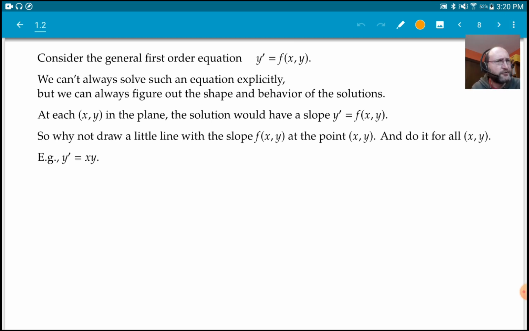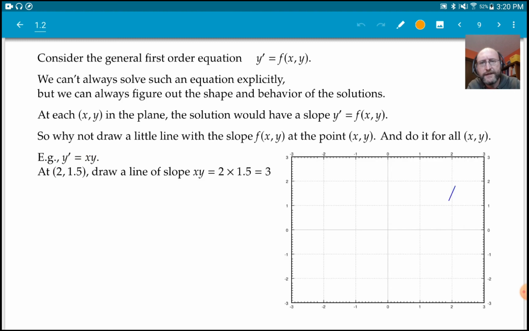So let's do an example. Suppose that our equation is y prime equals x times y. Let's look at some random point, say x is 2, y is 1.5. So the point is right over here.